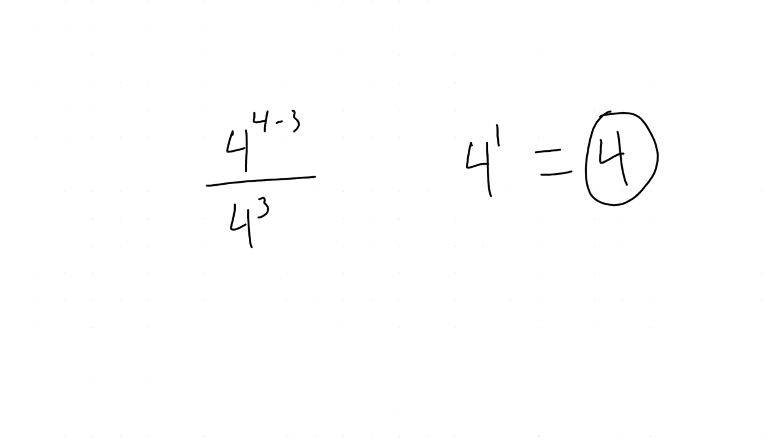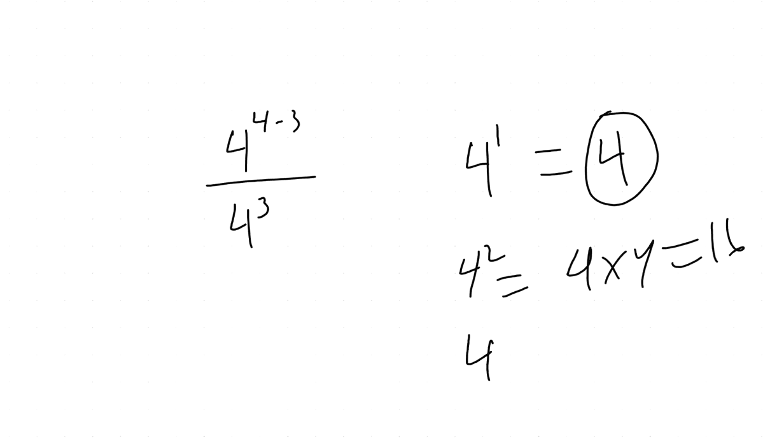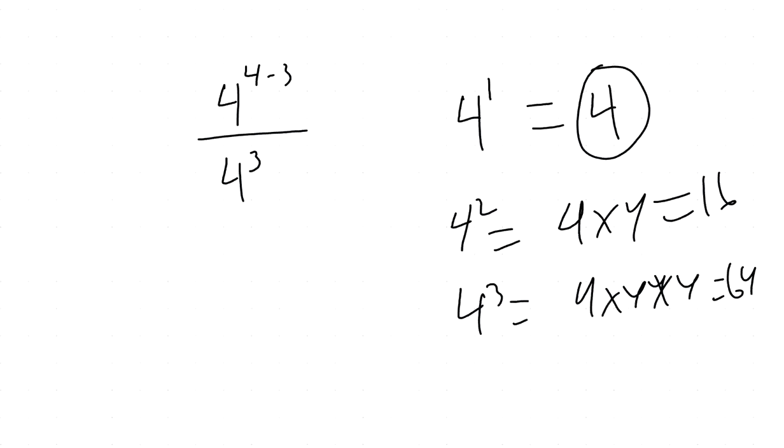So for example, 4 squared is 4 times 4, which is 16. 4 to the 3rd power is 4 times 4 times 4, which I believe is 64. Then 4 to the 4th power is 16 times 16, which is 225 plus 16.